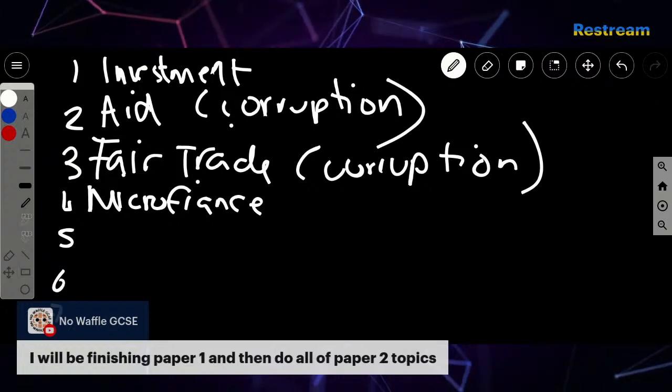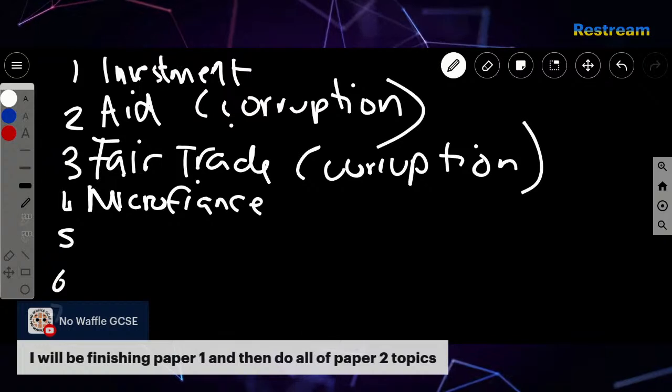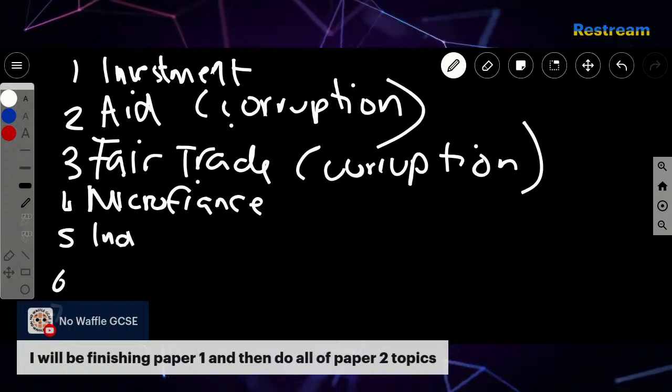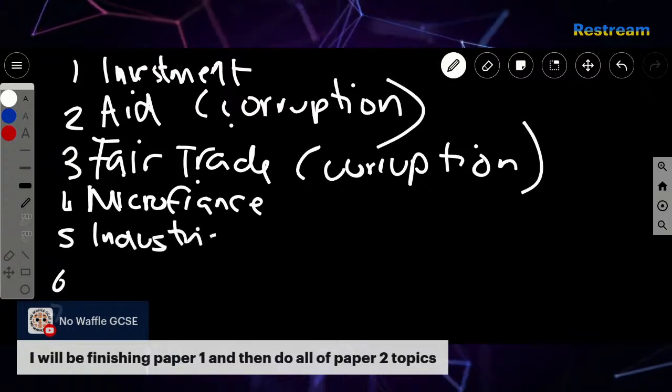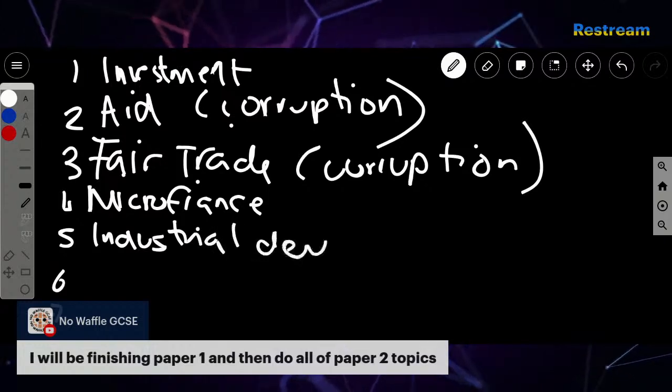The next one is industrial development. Oh, I forgot to write down intermediate technology, so let me just write that there.